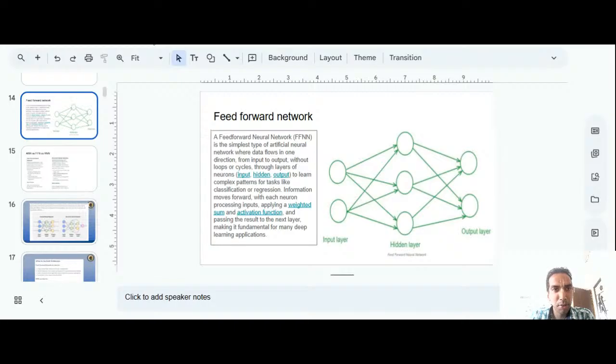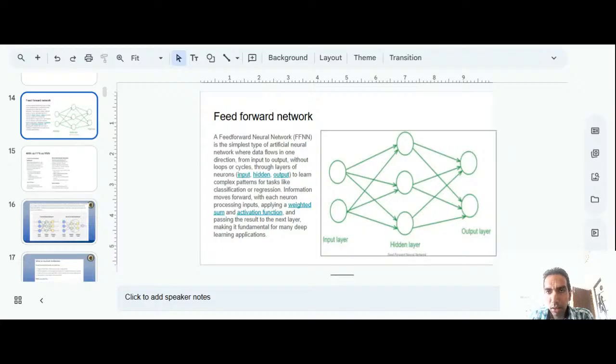Are you able to see my projected screen? Okay, now I stopped sharing. Are you able to see my screen? Yes, sir.